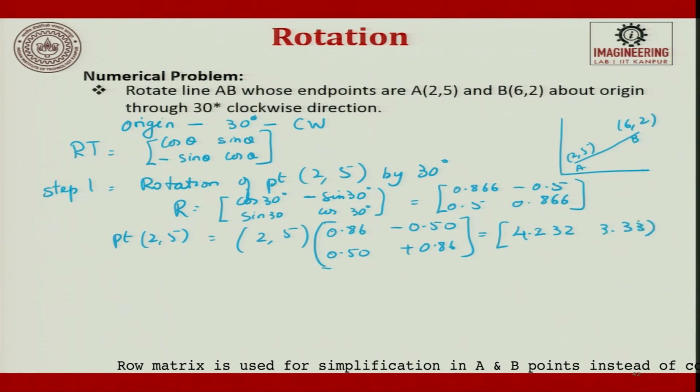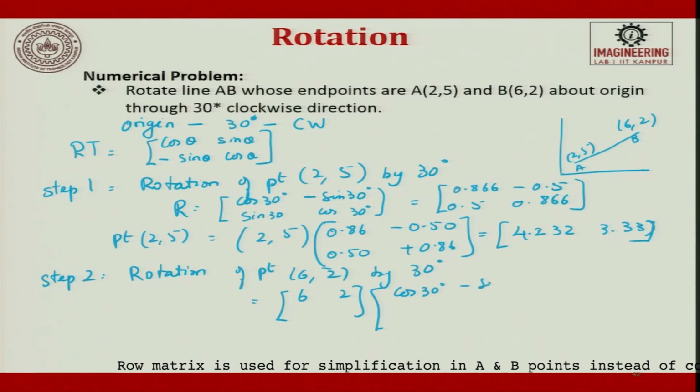The same way, step 2 is for the next point, the rotation of point 6 comma 2 by 30 degrees. So, this will be 6 comma 2 multiplied by cos 30, minus sin 30, sin 30 and cos 30.